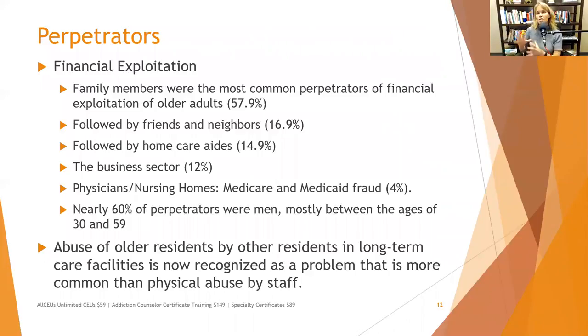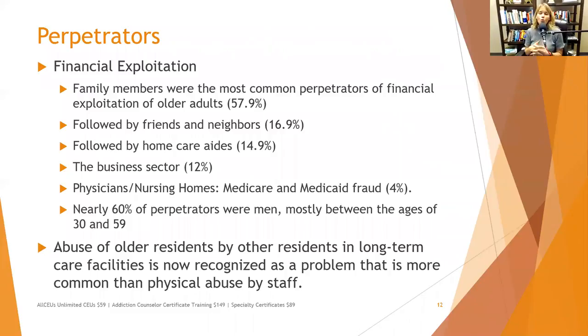So they use the elder, they may not be taking money from the elder, so to speak, but they are using the elder and misdiagnosing or kind of massaging the diagnosis to get paid more than they should. Nearly 60% of perpetrators are men, mostly between the ages of 30 and 59.